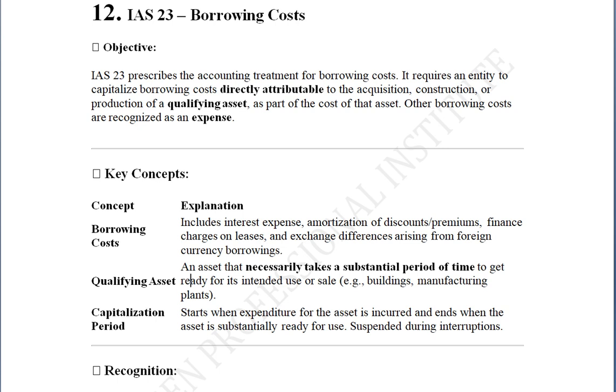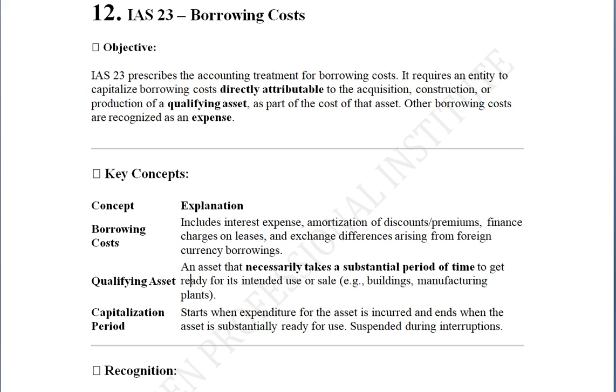So that amortization is also part of the cost of the borrowing, the cost of the acquired, constructed or produced qualifying asset. That is that for that. It's as simple as that. Just know it the way I've explained it to you. There is nothing difficult there.